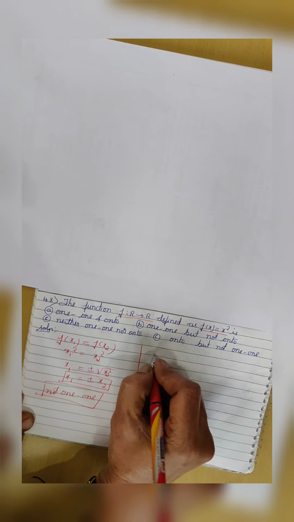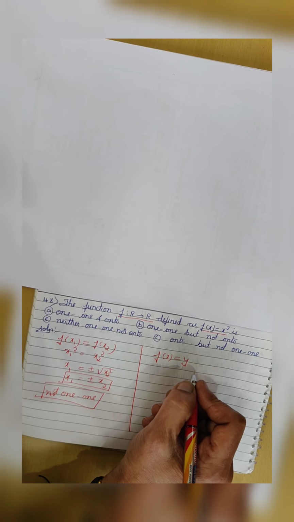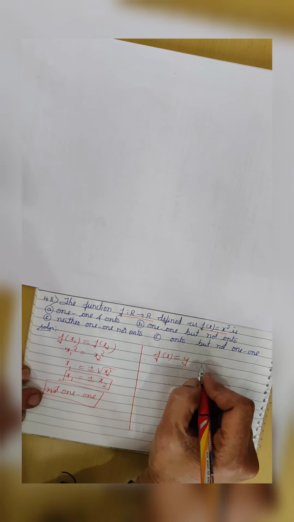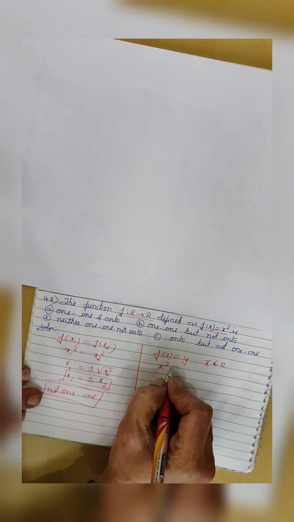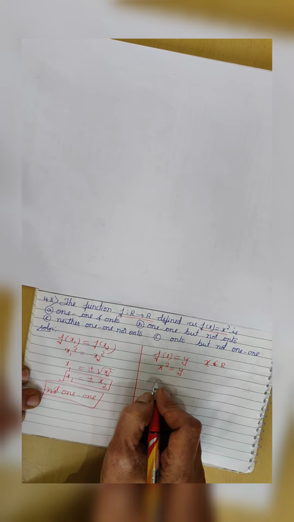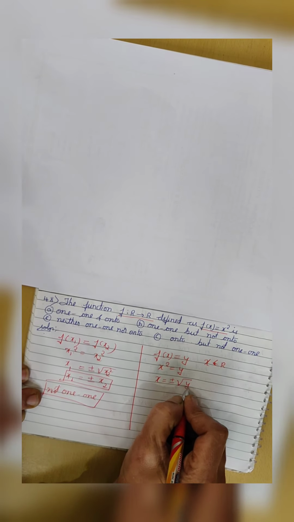Okay, let us take f of x is equal to y to check whether it is onto, such that x belongs to R. Then x square is equal to y, so x is equal to plus or minus root y.